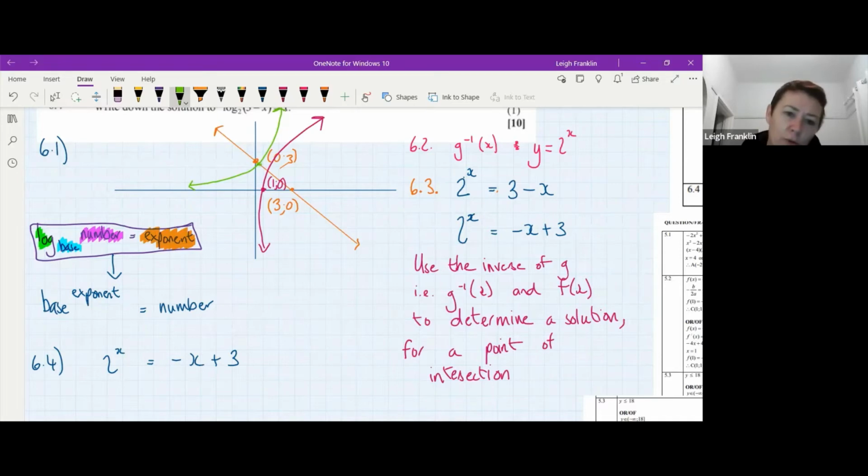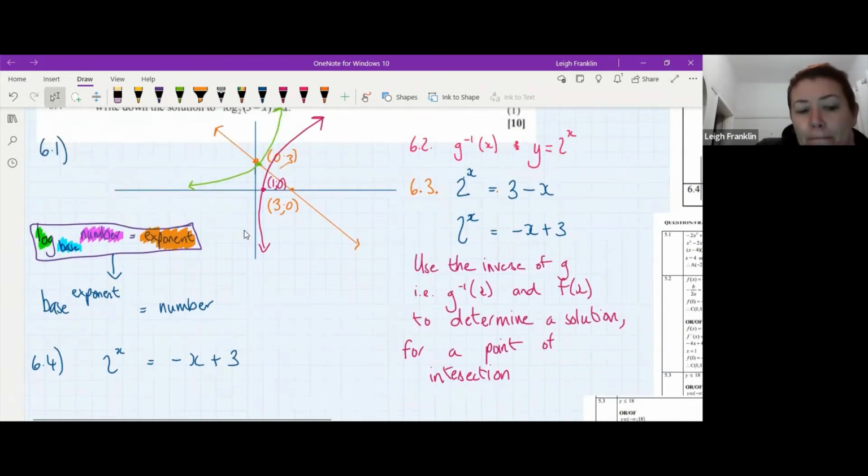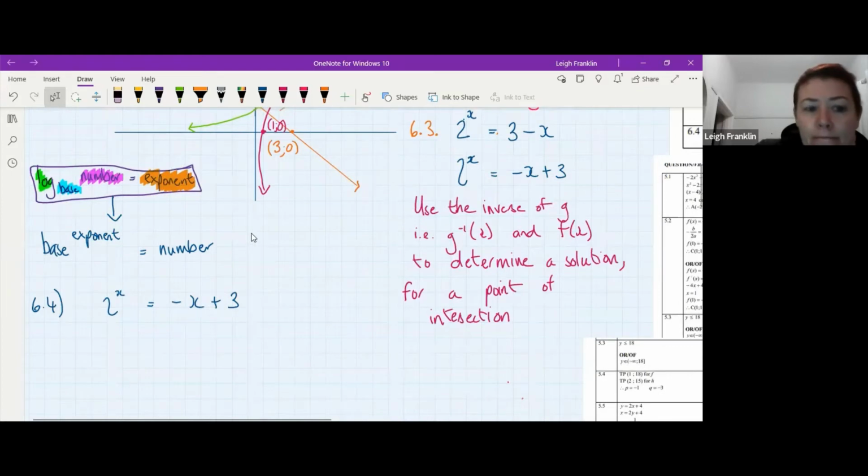So what value satisfies the left and the right hand side simultaneously? It has to be a positive x value. We have to do this by inspection. Yeah, exactly, Johannes. It's that simple.